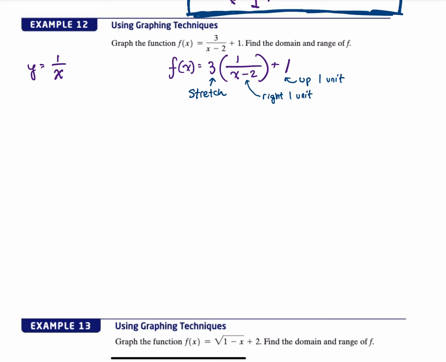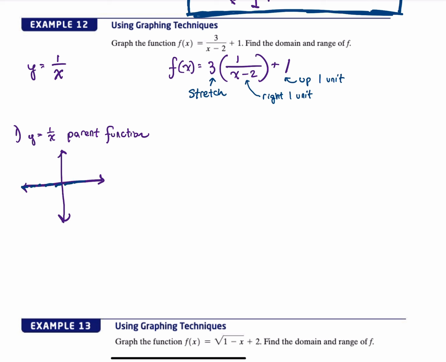So let's start with the parent function. And let's just do a quick sketch. So recall this function has 2 asymptotes. It has a horizontal and vertical asymptote on the axes because we can't input 0.